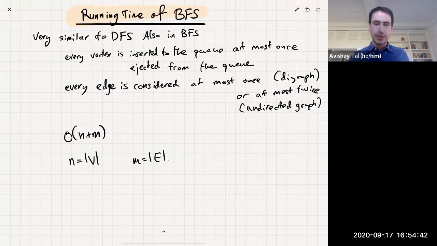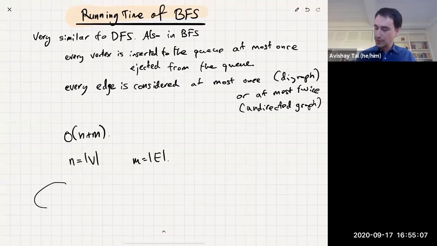BFS is a fairly simple algorithm. Notice that in DFS, once we explored everything that we can reach from S, we restarted if we haven't visited something else, maybe it was not in the connected component of S. In BFS, we are really interested in the distances from S. So everything that is not in the connected component of S, we just ignore it, right?